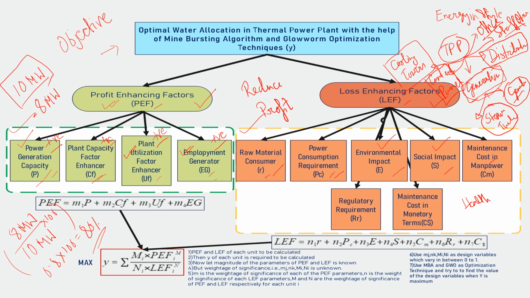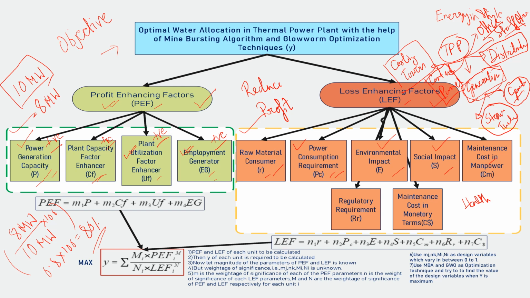Each unit requires a certain amount of power to run, and how much power it must consume to run is represented by this parameter. Remember, this is consumption of power by a unit within a thermal power plant, so it is an expenditure.